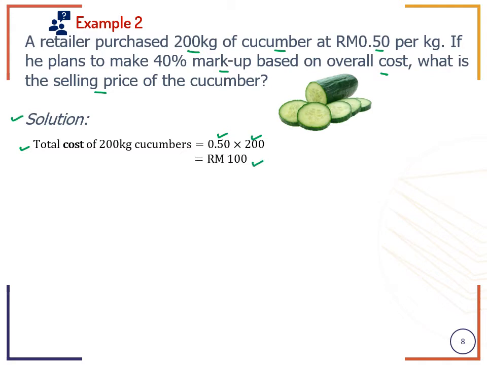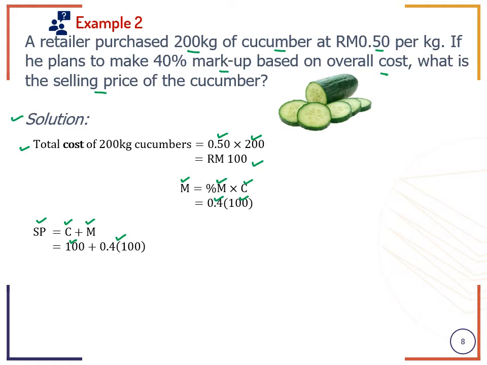As markup is calculated based on cost, markup is equal to percentage of markup multiplied by cost, where percentage of markup is 0.4 and cost is 100. To calculate the selling price of the cucumber, apply the formula: selling price equal cost plus markup, where cost is 100 and markup is 0.4 multiplied by 100.